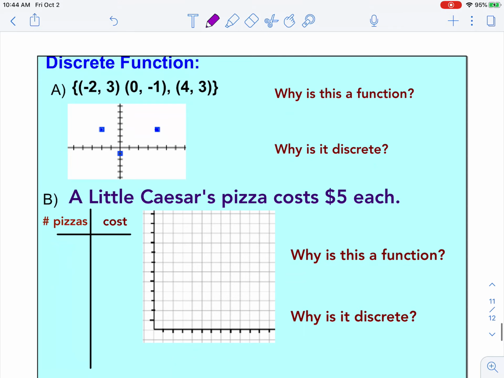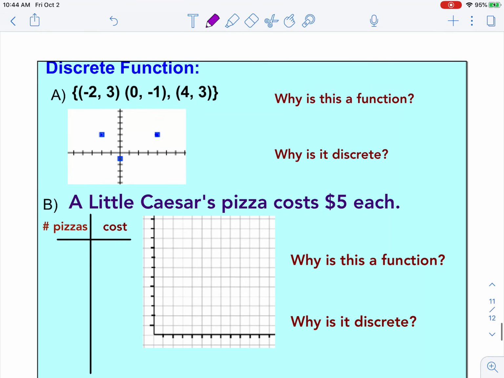So, discrete, again, why is this a function? First of all, this is a discrete function because these are separate individual points. Why is it discrete? Separate points I can count. For both of these, I can count 1, 2, 3.